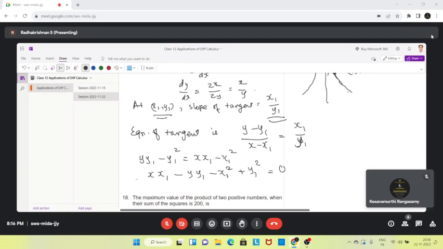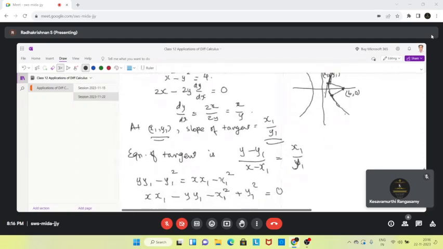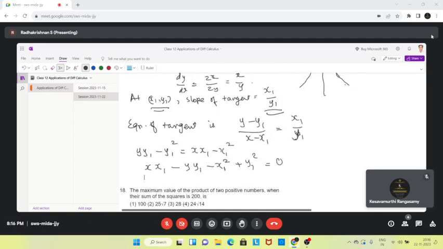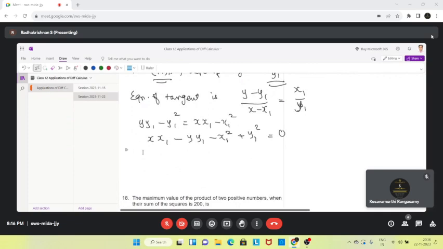So this is the equation of the line, and there is a point 6 comma 0, and we need the distance from the point. One more formula: distance from a point to a line.